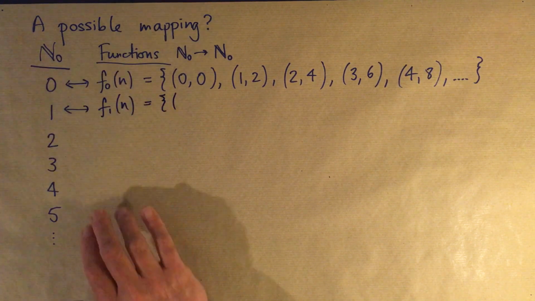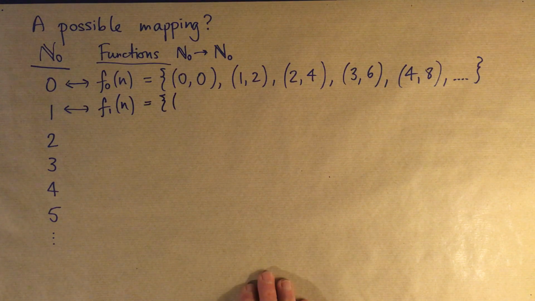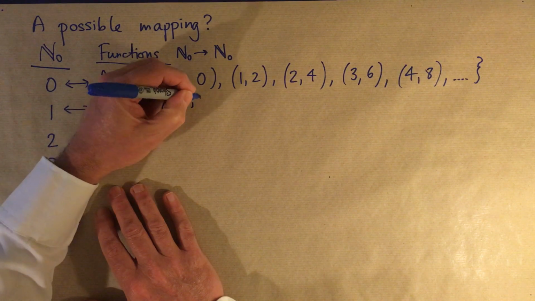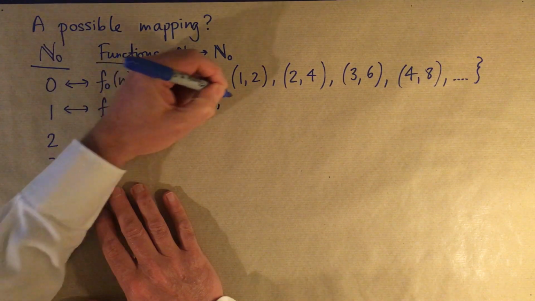Well, one of the most well-known functions is called the identity. And the identity function simply maps its input directly to its output. So whatever you give it as input, that's the output.